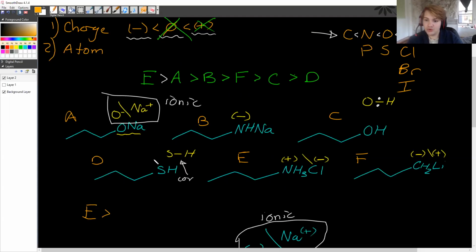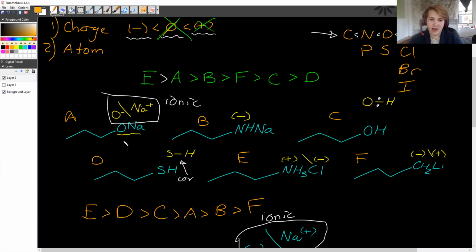Then I go to all my neutral molecules, which are OH and SH, and I ask which one is stronger. SH is a larger atom, so this would be a stronger acid than OH. And then finally, I go to all my negative molecules, and oxygen is better than nitrogen, which is better than carbon.